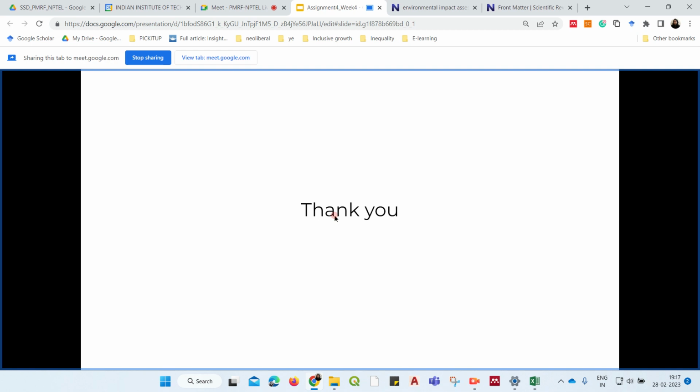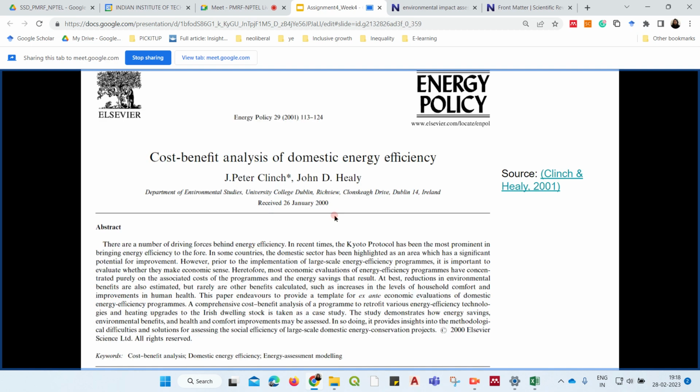But I'd also like to add a little bit more. This is coming from the questions which were asked in the previous session. In the previous session, a student asked that many times energy efficiency or sustainable practices are good for environmental health, but they are not very cost effective, and thus the people who are supposed to implement energy efficient or sustainable techniques in their building design are hesitant in implementing that.